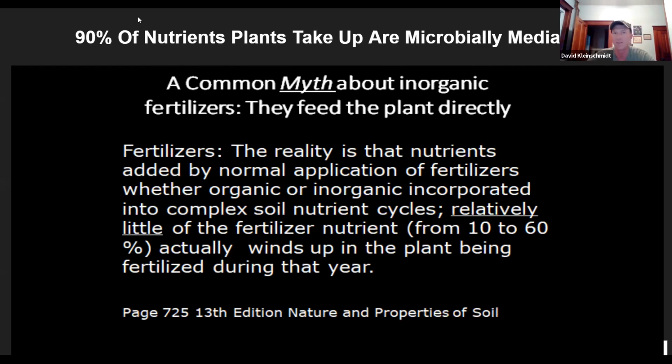And we're comparing clean tilled fields versus cover crops with residue.